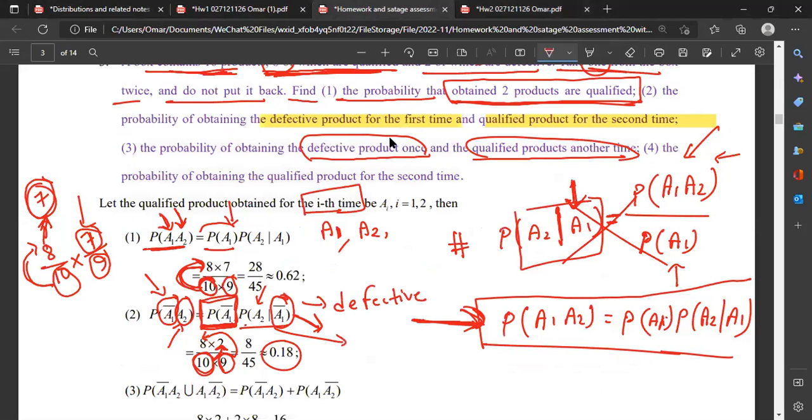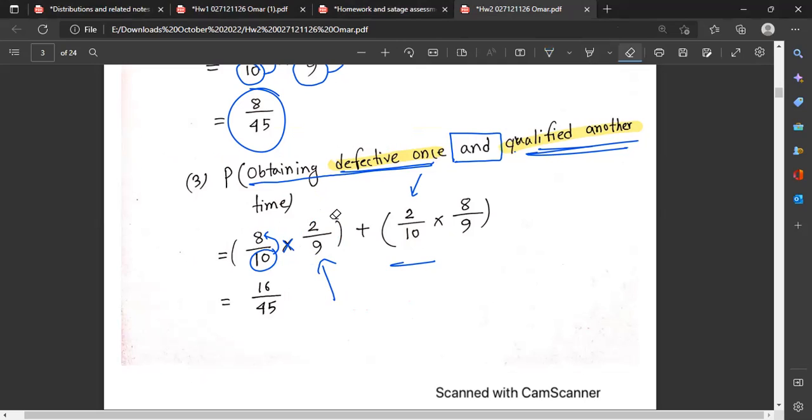So the question was the probability of obtaining the defective product once and qualified another time. So we don't think of whether it is for the first time or the second time. Just qualified once, defective once, and qualified another time.